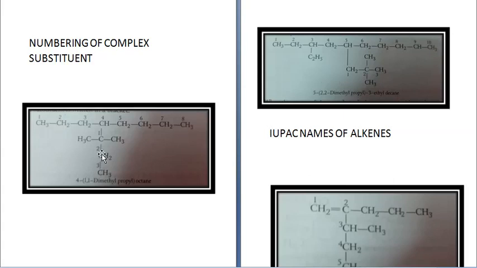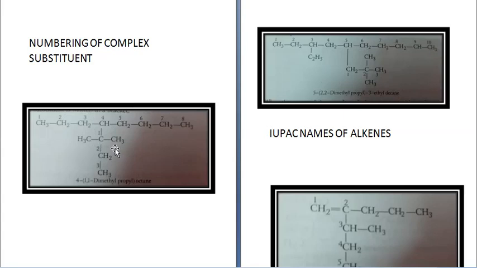So this compound has 8 carbons with single bonds, so it is octane. From the fourth carbon, a side chain is there which has 3 carbons. The side chain will be given in brackets, and this side chain has 2 methyl side chains. So it will be given as on the fourth carbon, because the side chain is present.